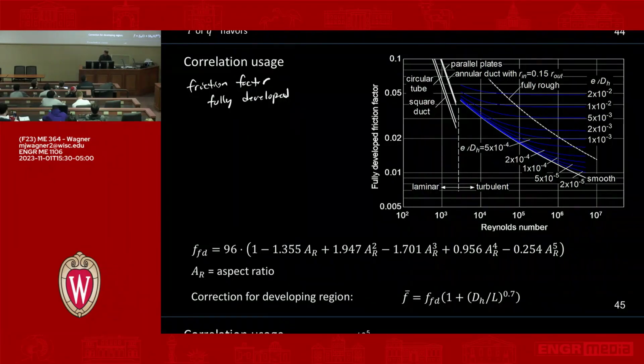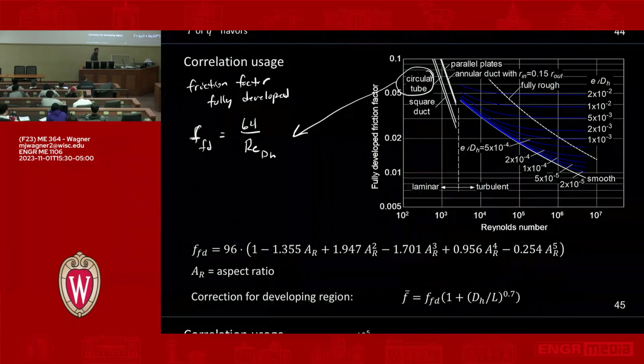So for this circular duct, the friction factor in the fully developed region is 64 over Reynolds number in terms of D_H. I've also put on here a rectangular duct.